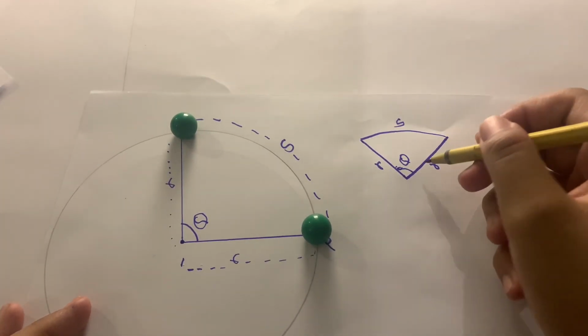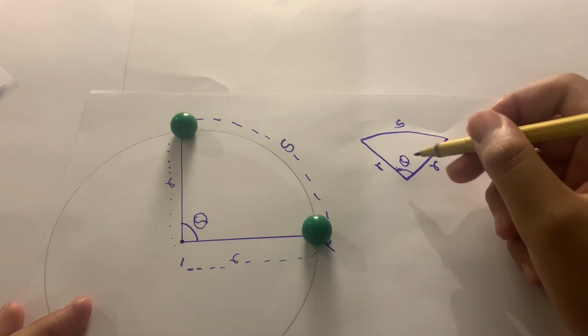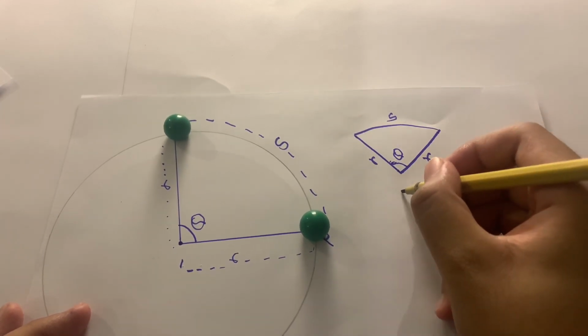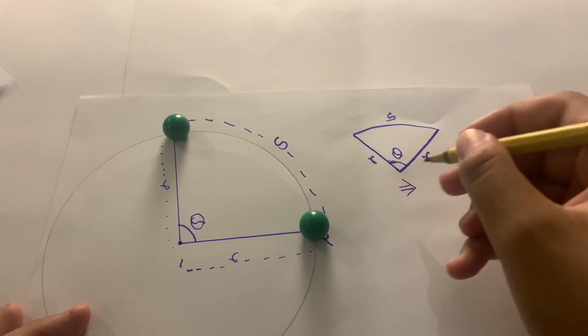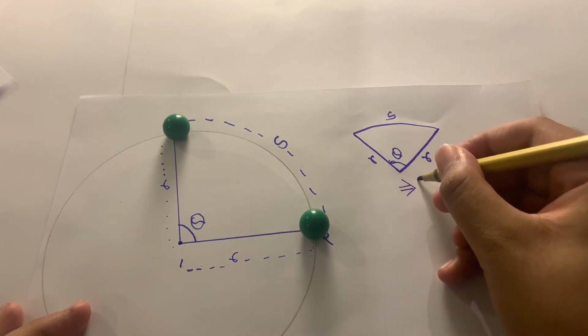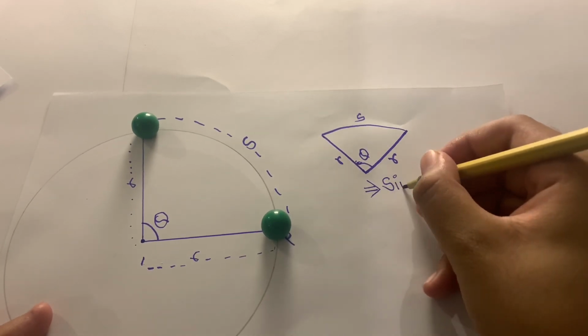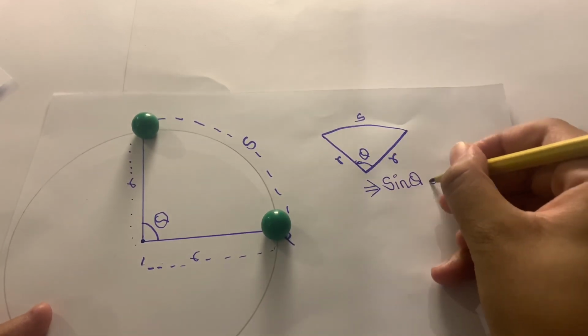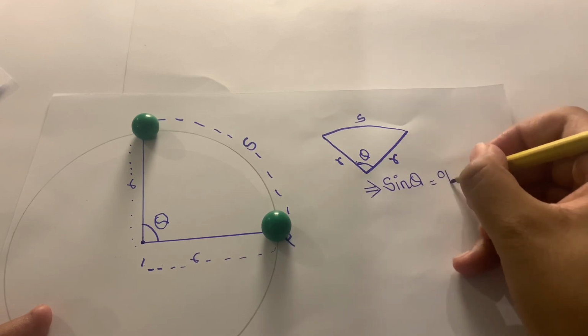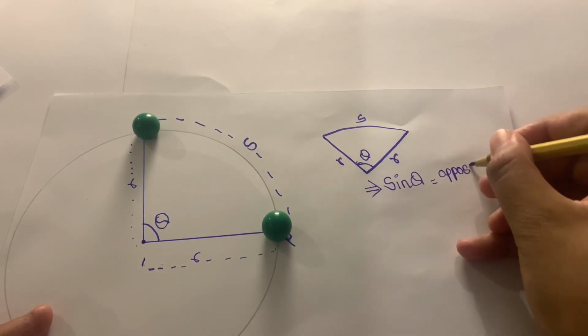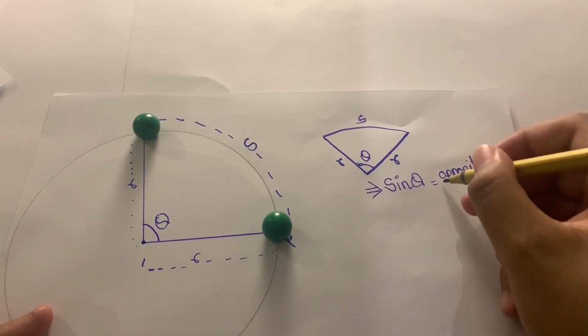Now we know that sine theta equals opposite over hypotenuse.